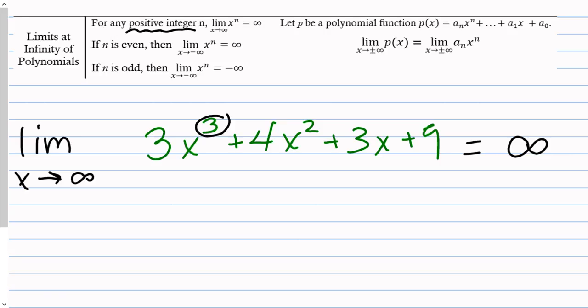Now, down here, it gets a little more technical. It's saying that if n, which represents the exponent, is even, and now we're headed towards negative infinity, then for an even function, we're still headed towards positive infinity.